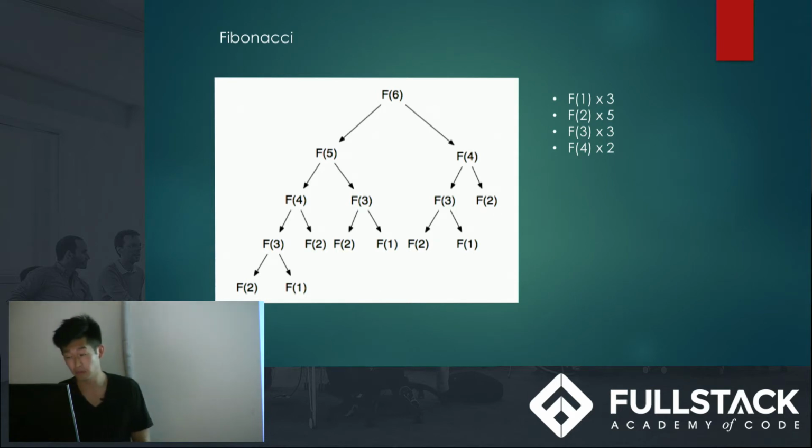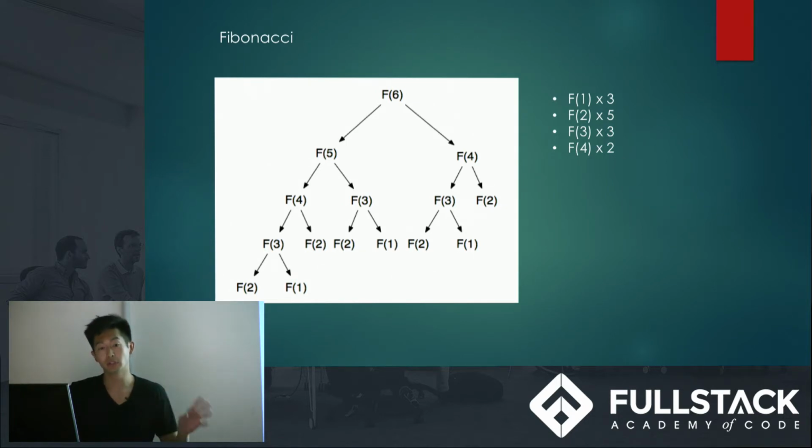There are quite a few, and what we would want to do with a memoized function is calculate everything once, store the result, and then when it needs to be called again, just retrieve it from the cache, as we'll call it.